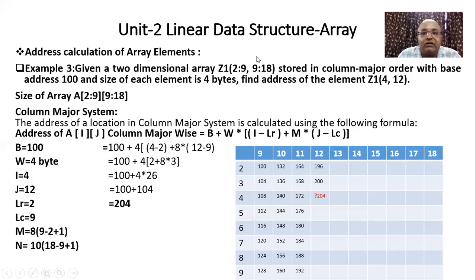So now the column index is starting from 9 and ending at 18. So upper limit, that is 18, minus lower limit: 18 minus 9 plus 1. So this will equal 10. Now are you ready with all values? Simply you have to put all the values in the equation. Correct?